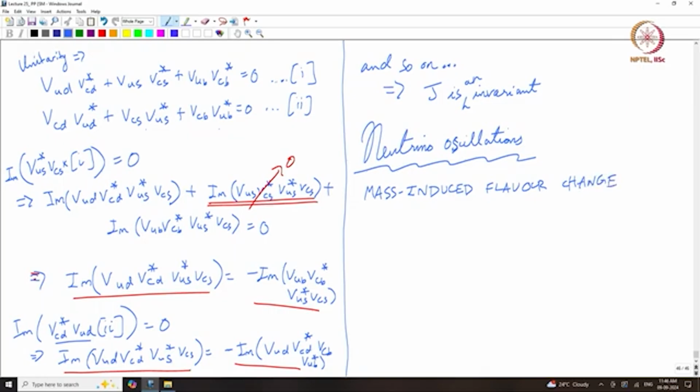Every time you see neutrino oscillations, remember this might be a little more of a mouthful, but it gives the concept very clearly. It is mass induced flavor change. We will see exactly what we mean by this.